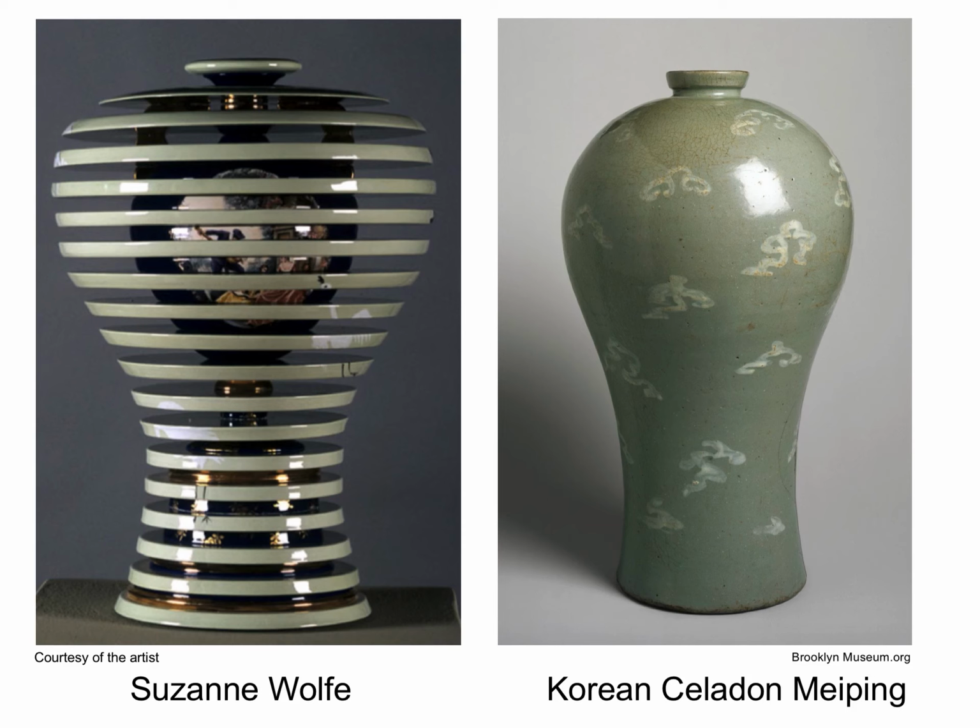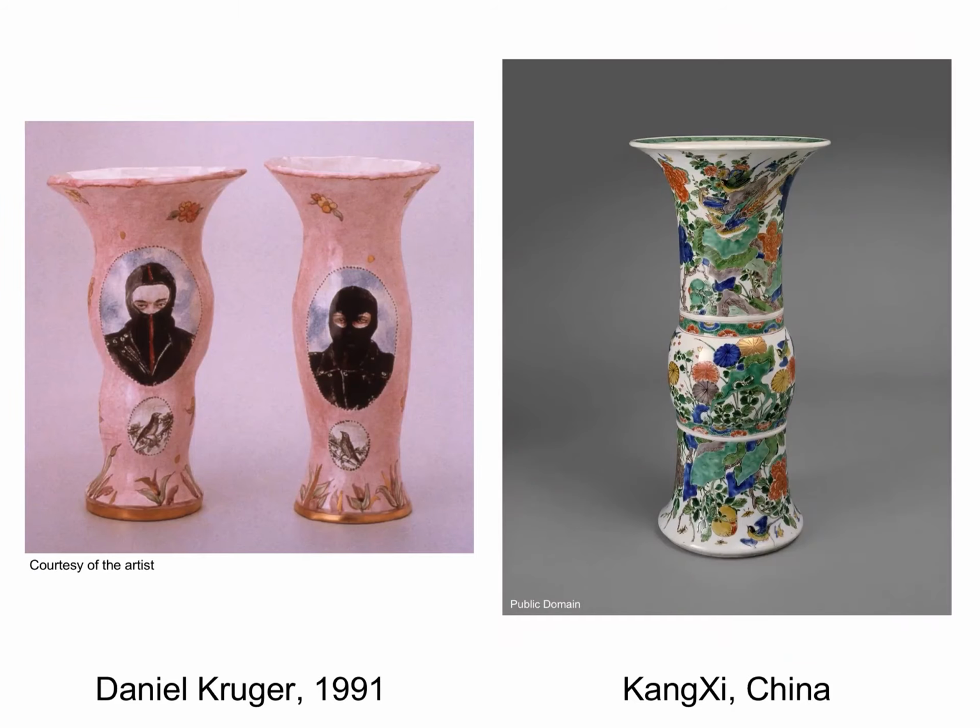The interior of this object is a Greek amphora shape, and the exterior of the object is an Asian Maiping shape. So she has combined in a very complex and sophisticated way both the Greek and the Asian classical aesthetics at the level of form, and that's quite extraordinary work in many ways.